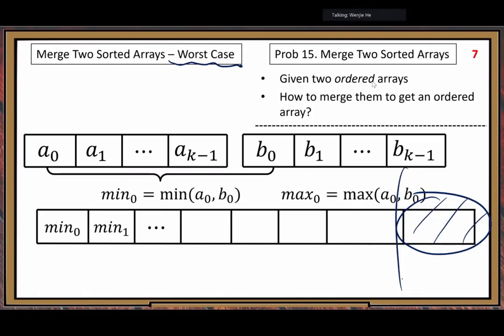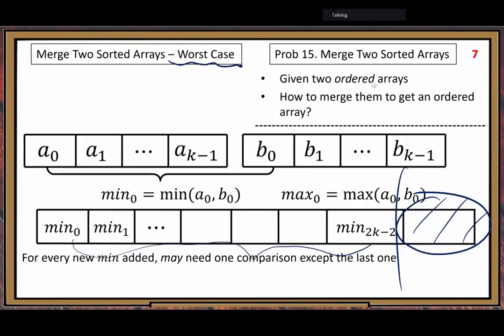All the other elements, other than the last one, that's the maximum number of comparisons we need. So that's the number of elements except the last one.